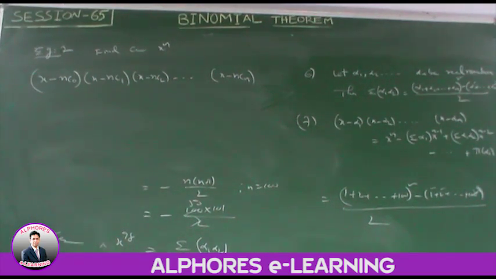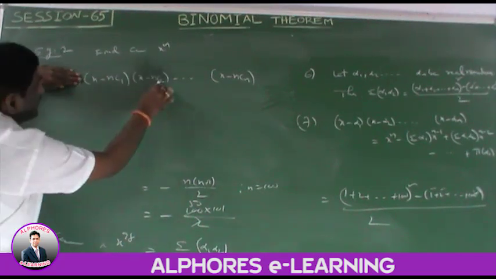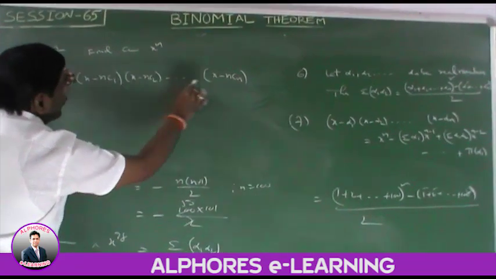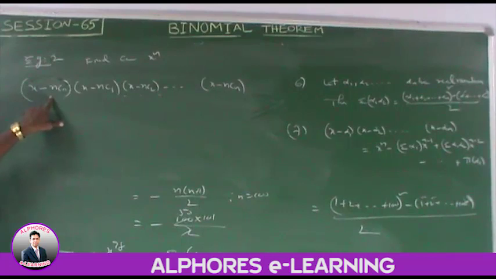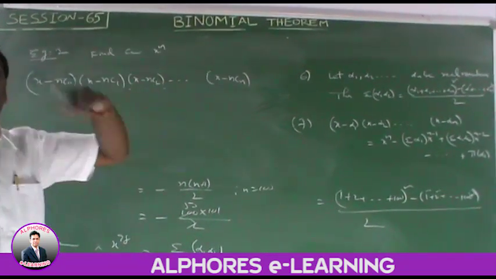Please observe this value. In this case, how many terms are there? Please forget this value. nc1, nc2, so on ncn means here n terms plus this value. That means how many terms are there? n plus 1 terms. x into x into x into so on n plus 1 times.